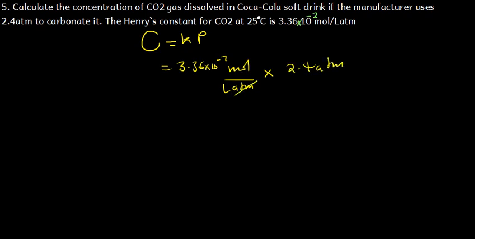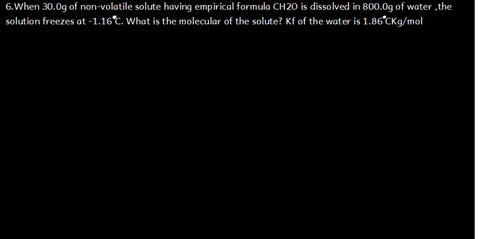So you see atmosphere and atmosphere cancel out, and this is going to give us a value of 0.08064, which I can also write in standard form as approximately 8.1 times 10 to the power negative 2 mole per liter, and mole per liter is molarity.